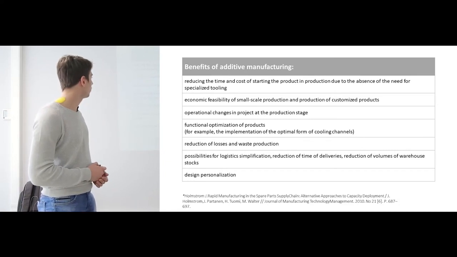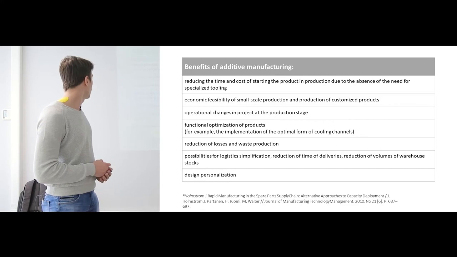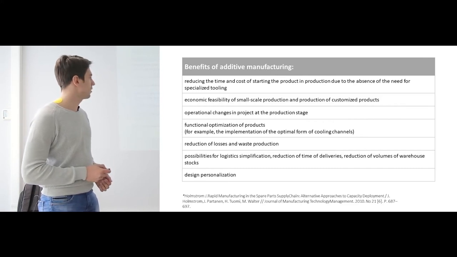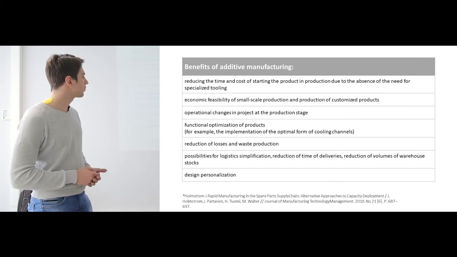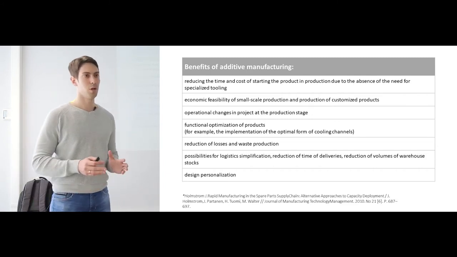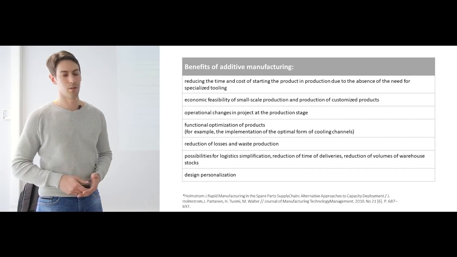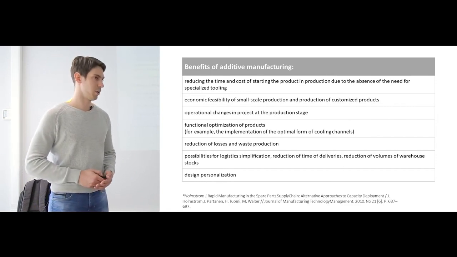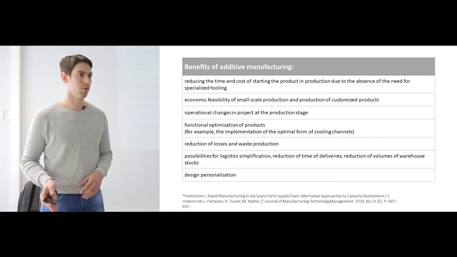There's also the reduction of waste production, and the possibility of simplifying logistics and deliveries. If you want to create something somewhere, you don't have to transport all the materials and parts to the place where you need them. You can print them on place.